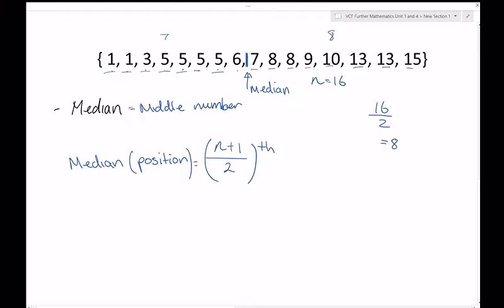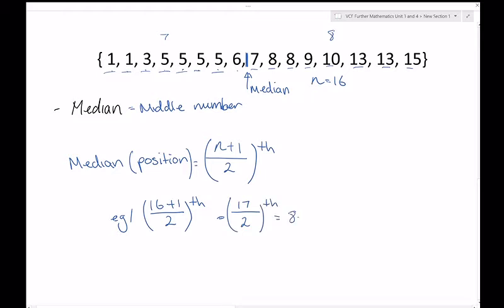So in our case, since n equals 16, we have 16 plus 1 on 2, which equals 17 on 2, which is the 8.5th position. Okay, so you have 1, 2, 3, 4, 5, 6, 7, 8.5, and that's where the position is.